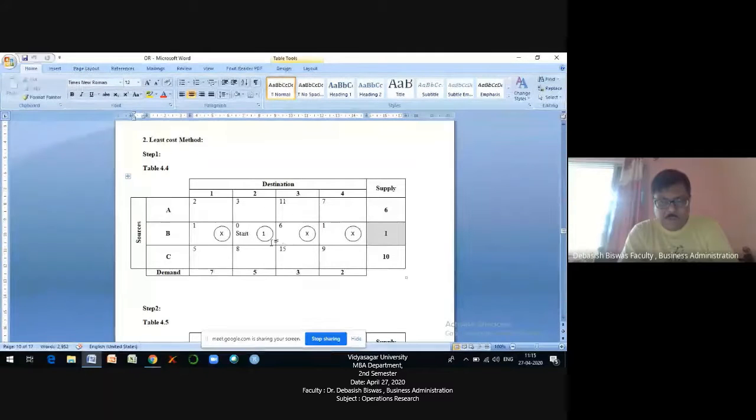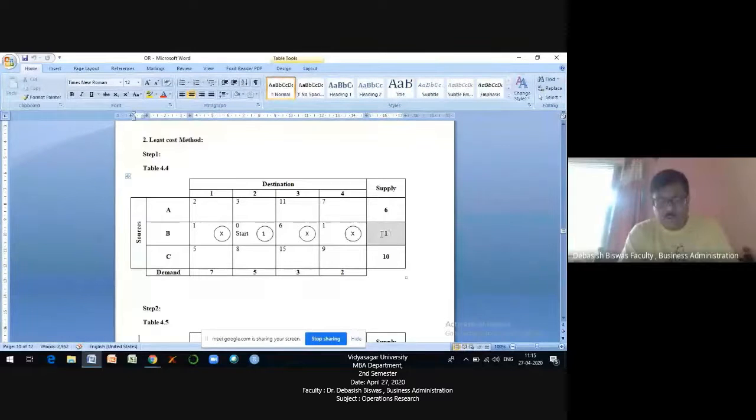I am repeating it again. We have to compare supply and demand. As the supply is less than the demand, we can allocate a maximum of 1 to this cell, which is within this circle. Now when I allot 1, the supply 1 minus 1 becomes 0.